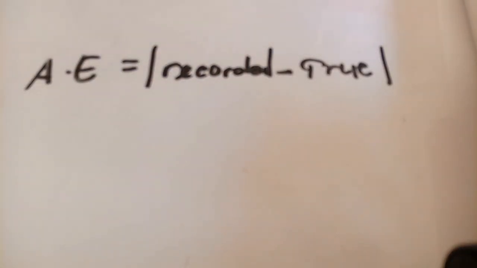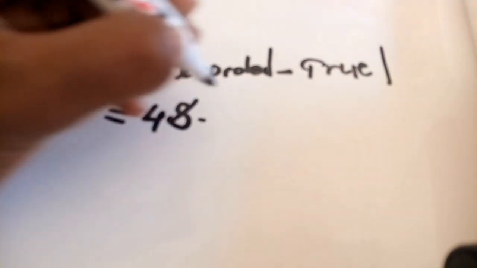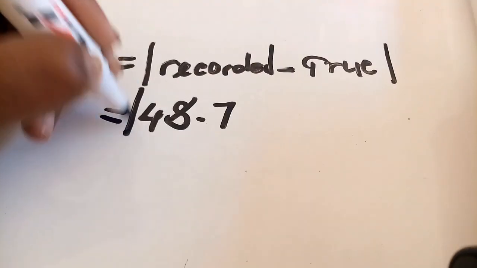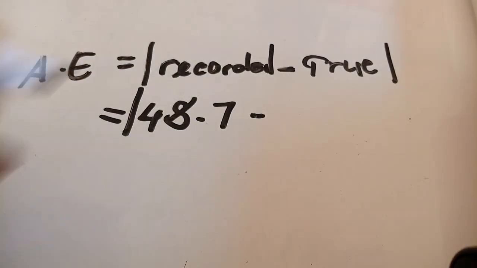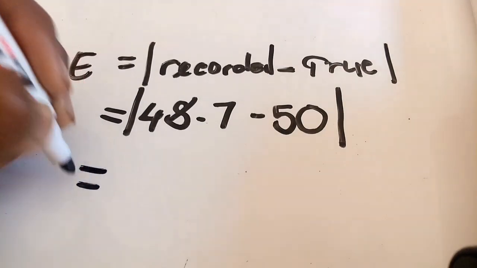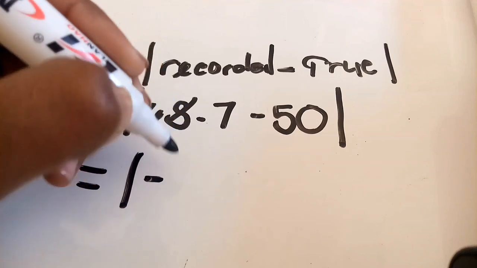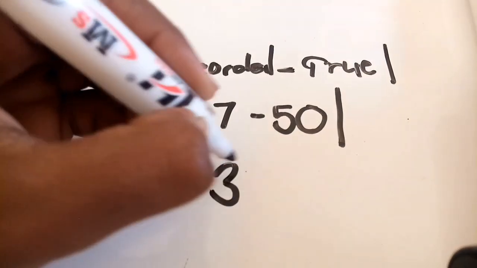In that question which I gave you, the recorded value was 48.7 minus the true value, 50. When we subtract, this gives us negative 1.3.